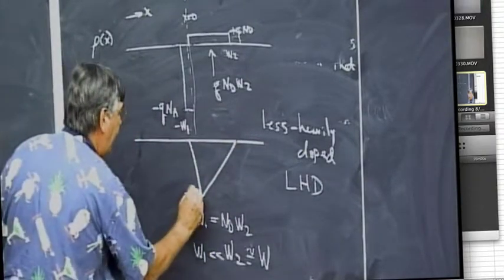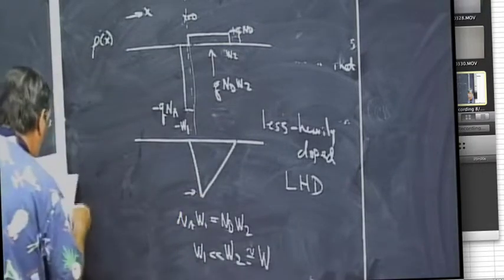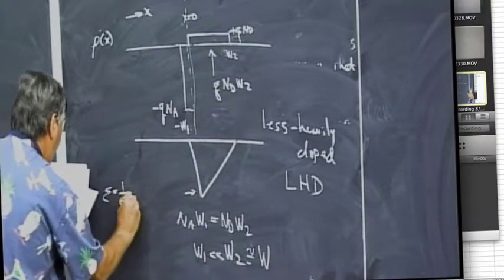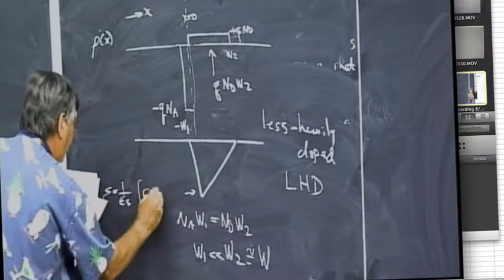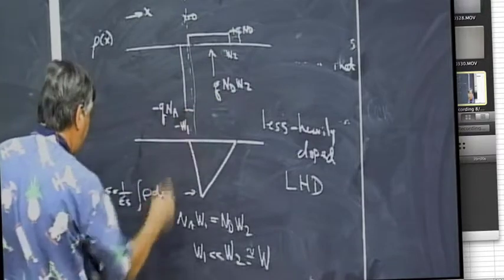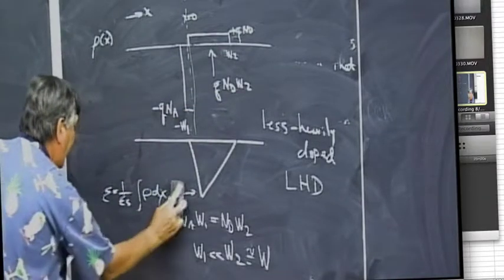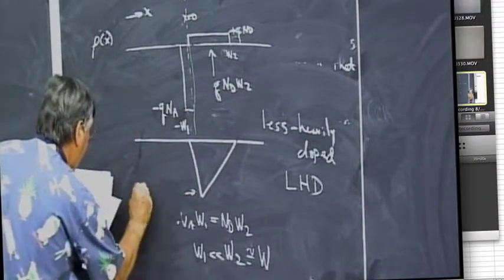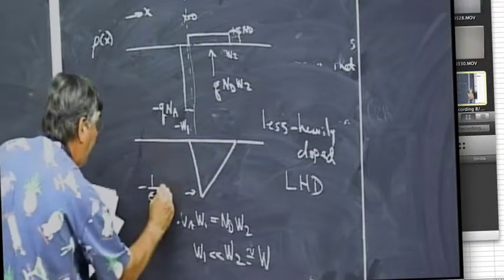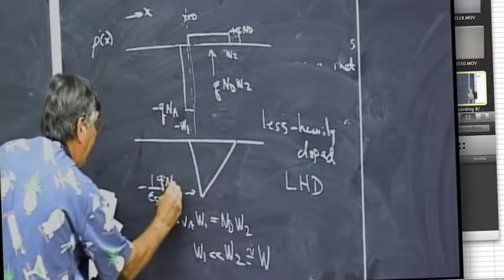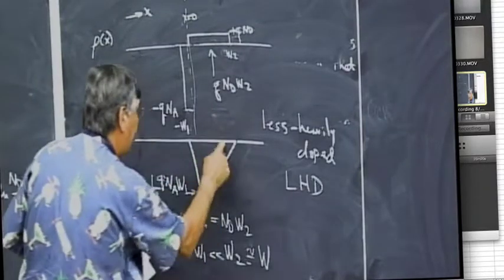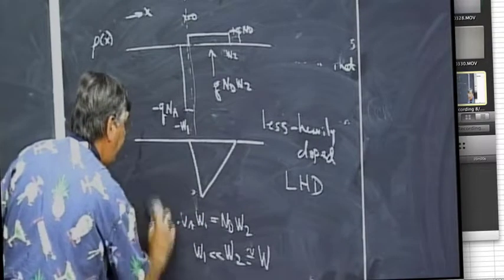All right, and you can easily show that the field is 1 over epsilon s times the integral of rho dx, and the integral of rho dx is just this area, and so the maximum field is minus 1 over epsilon s times q NA times W1, but I really want to do it from this side.